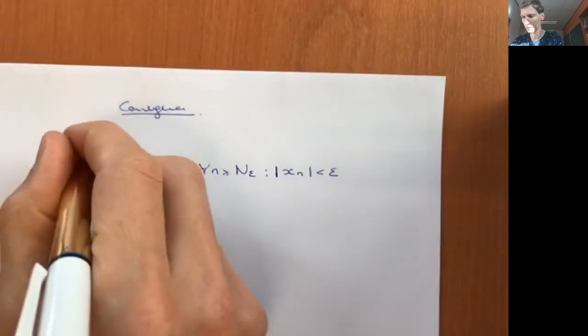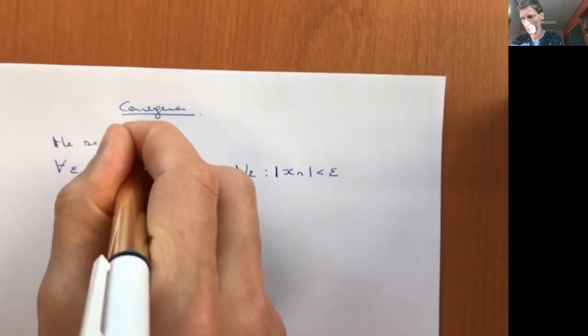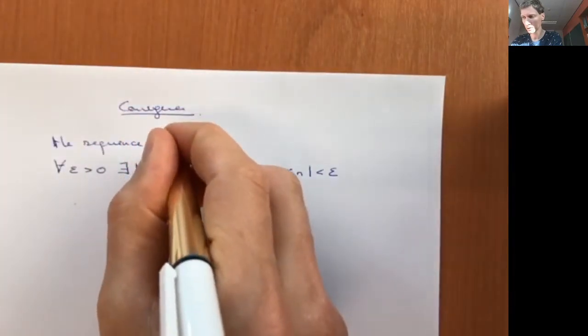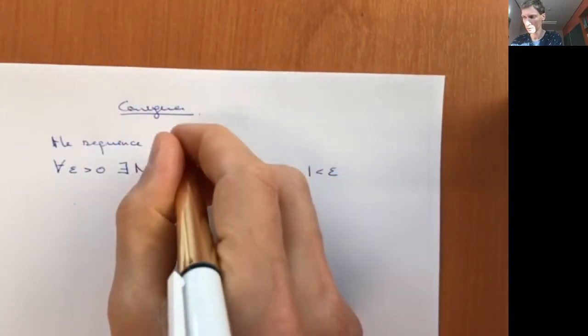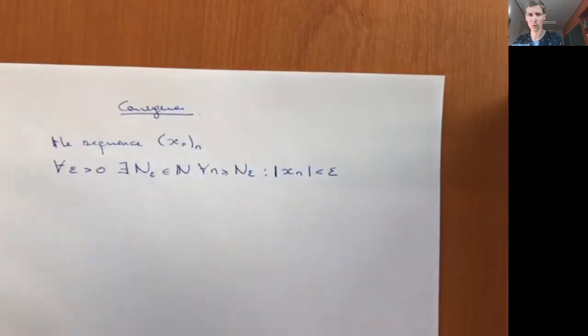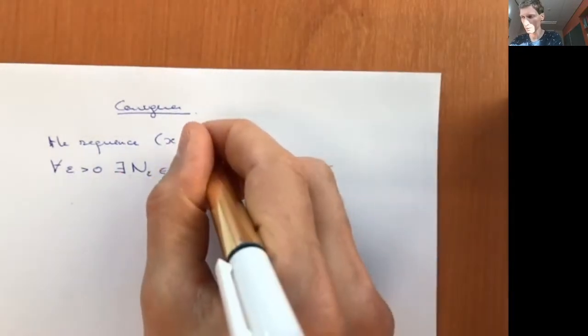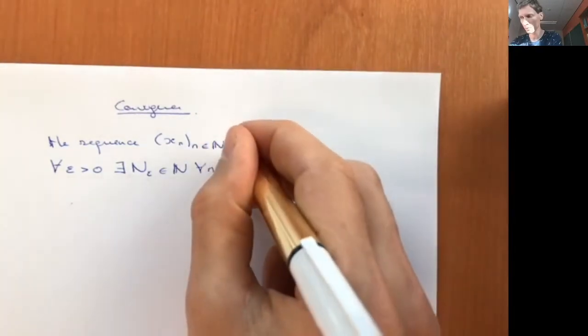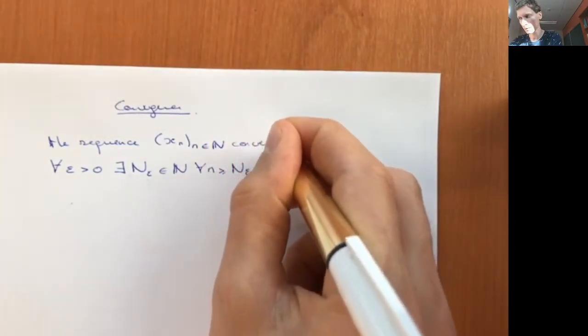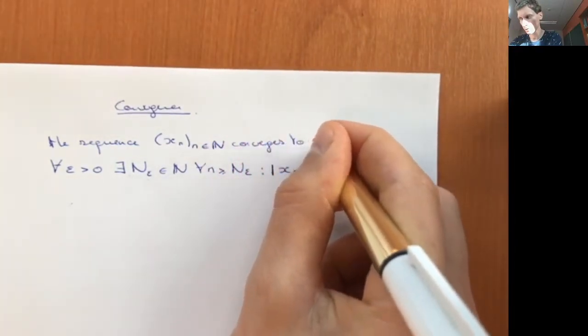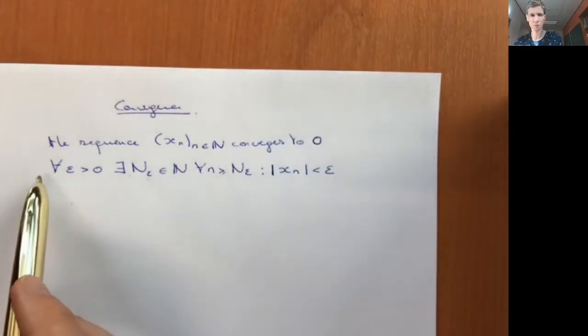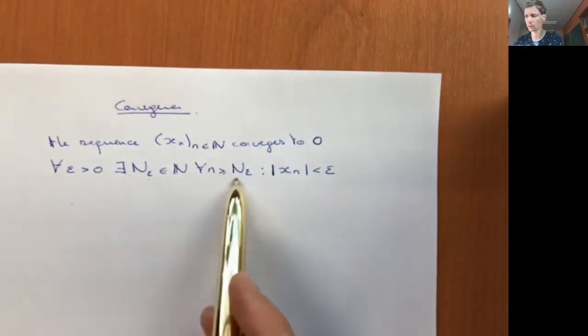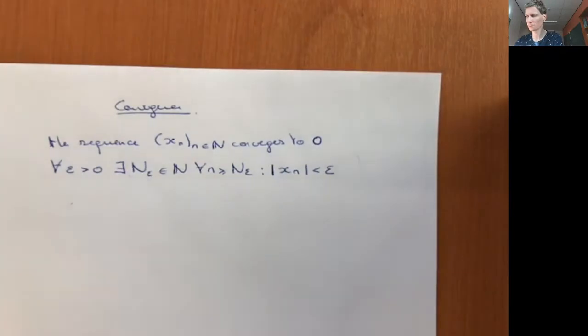And in particular we say that the sequence of numbers here, I'm going to call it xn, you can call it xi or xn, it doesn't matter, right, because it's an index. The sequence xn converges to 0 if and only if, well, it's a definition, right, if this condition is satisfied.